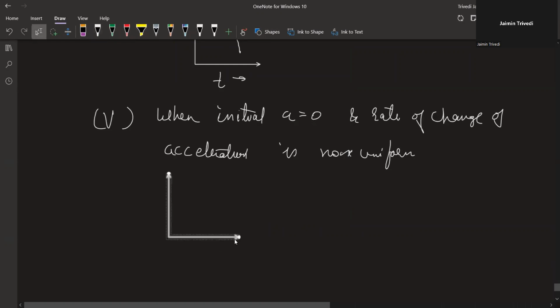It is also very simple. Just starting from 0, it can be any shape. Time axis.